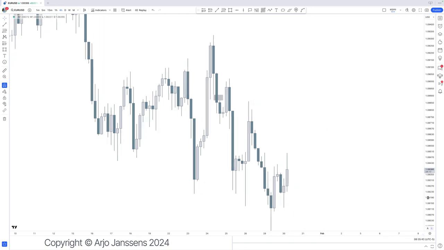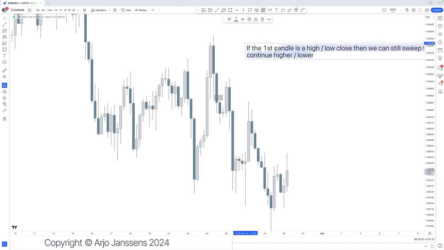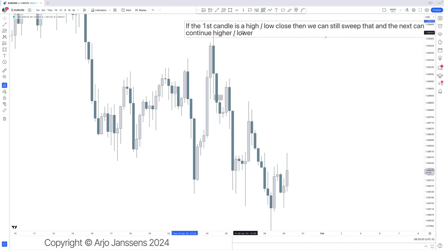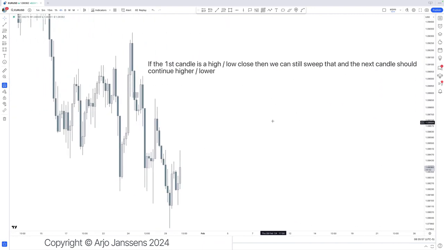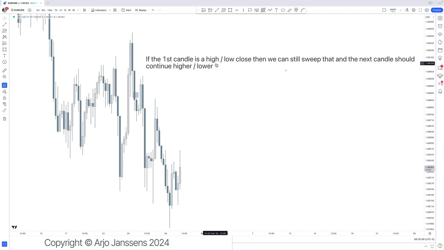So I have written down rules, and the first rule I'll share with you right here. Let me put it on the screen. All right, this is the first rule: when we come into a fair value gap and we expect a move away, if the first candle is a high close, then we can still sweep that and the next candle should continue higher or lower.